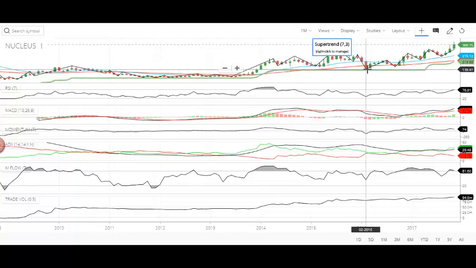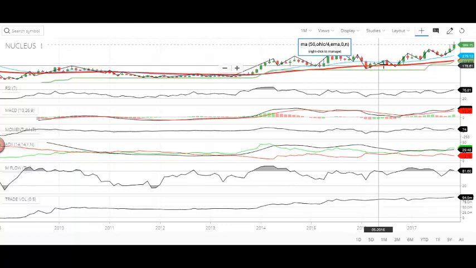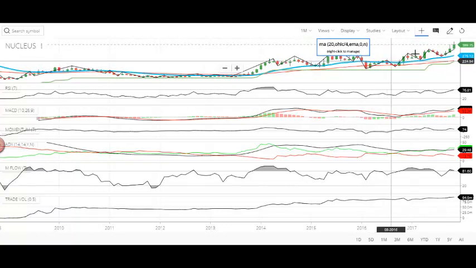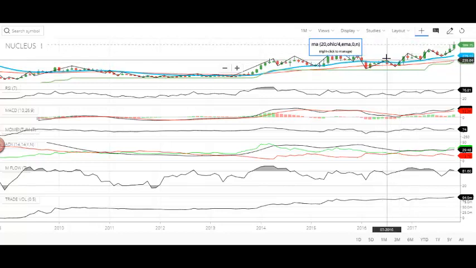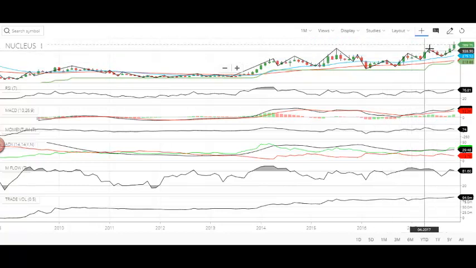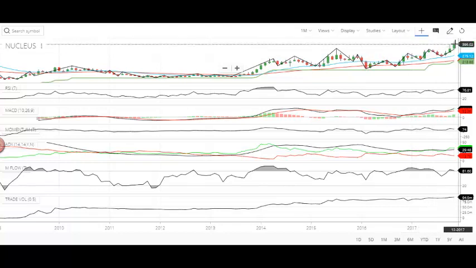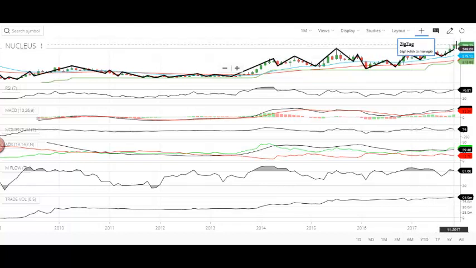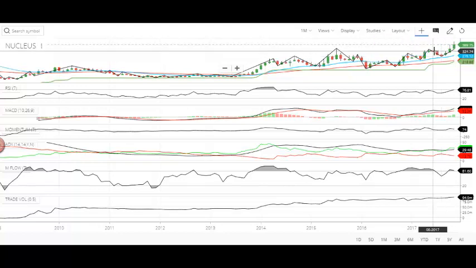After February 2016, this stock again started moving in the upward direction. You can see the consistent new highs here: new high 1, new high 2, new high 3, and new high 4. It is still moving upward and is about to make a new high there also.